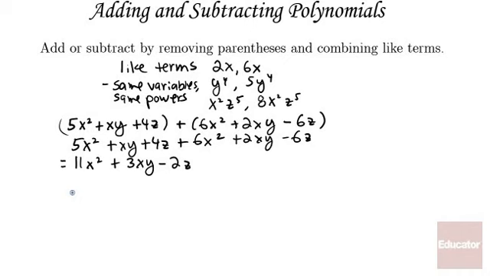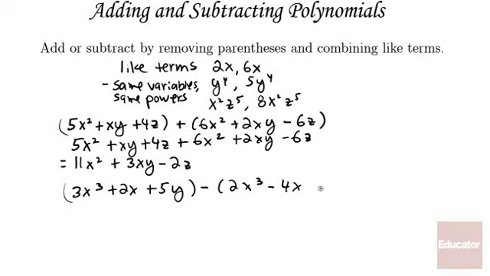So for subtraction, 3x cubed plus 2xy plus 5y, for example, minus 2x cubed minus 4x plus 6y. Now for this first one, I can just remove the parentheses because there's no negative sign in front of it.